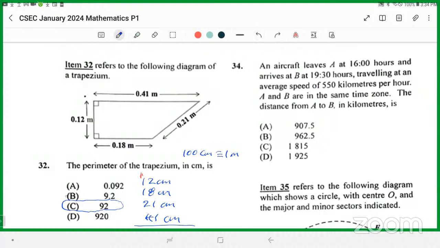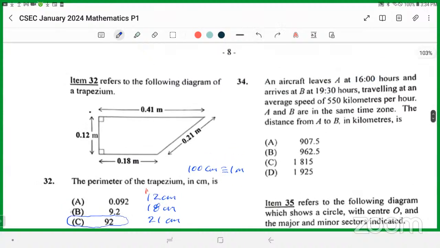From A to B in the same time zone, then the distance traveled is what? To get the distance, we're going to have to multiply. From here to here is 3.5 hours, because the 30 minutes here means half an hour.